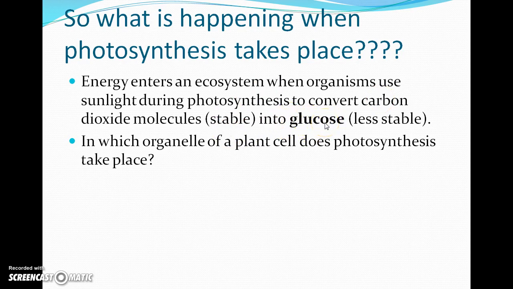Okay? In which organelle does photosynthesis take place? The chloroplast. So to recap, the sunlight comes into the cell and it helps to convert carbon dioxide into glucose. Carbon dioxide will be a reactant of this reaction. Glucose will be a product.